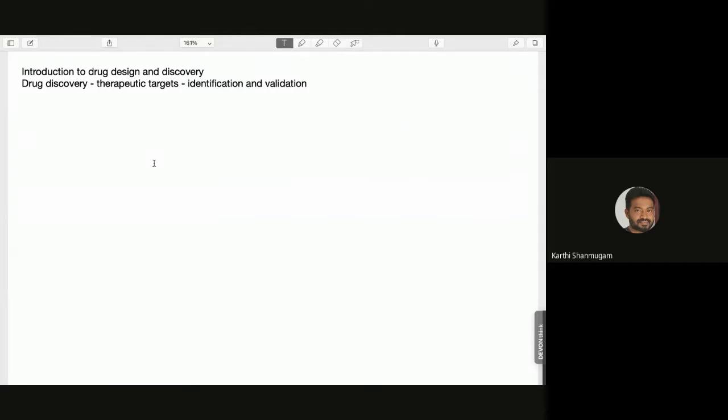The first topic is drug discovery, therapeutic targets, identification and validation. Second topic is drug developmental process. Outline. And the third topic is discovery of drug candidates.